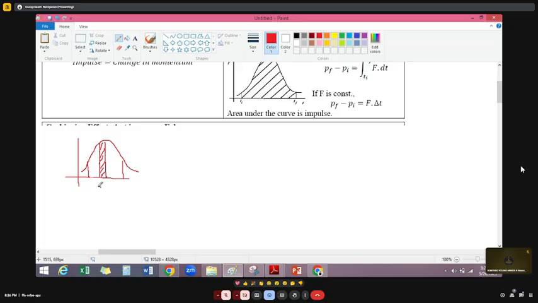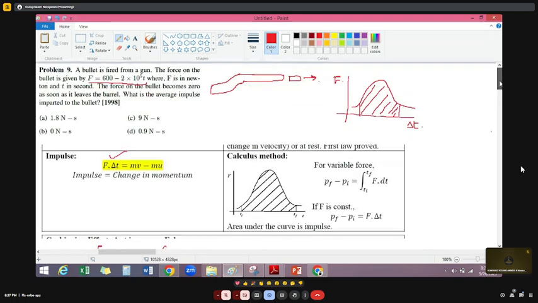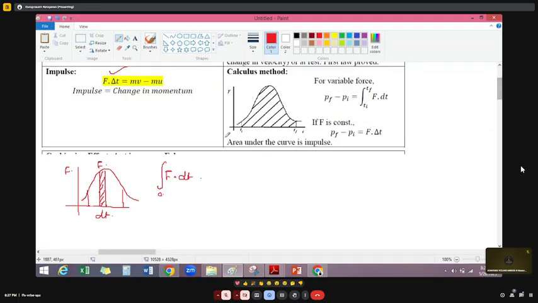From your integration concepts, you know this is delta t. This is F. That means the area under the strip is F into dt. So you have to integrate it from 0 to the time whenever it is leaving the barrel. So this is your impulse.